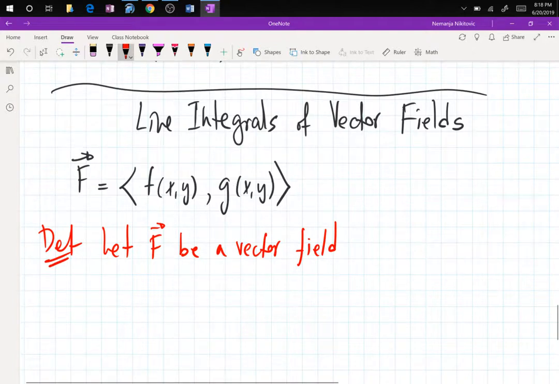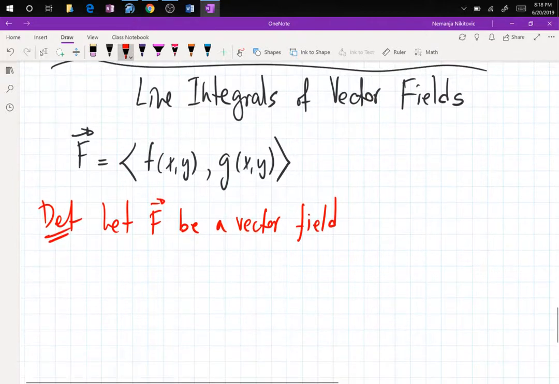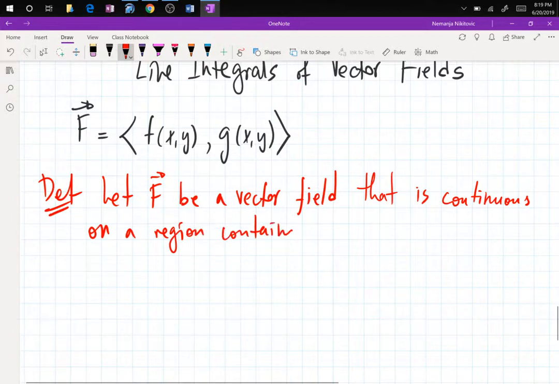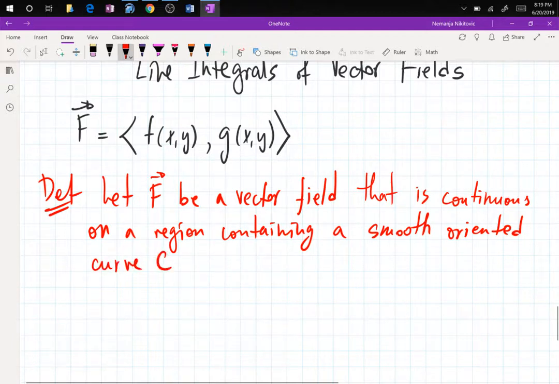So let F be a vector field that is continuous on a region containing a smooth, oriented curve C, parametrized by arc length.